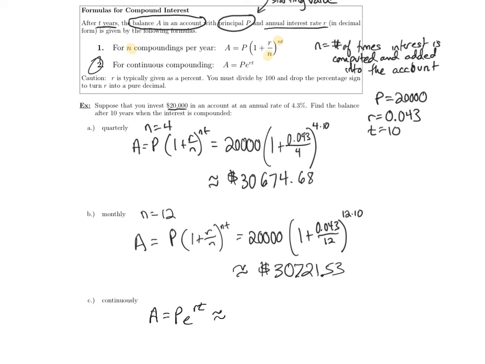So this is going to equal 20,000 e to the 0.043 times 10 for 10 years, which will approximately equal $30,745.15. And continuously is a little bit hard to imagine, but the idea is that they're just constantly computing and adding interest, that there's no stopping.